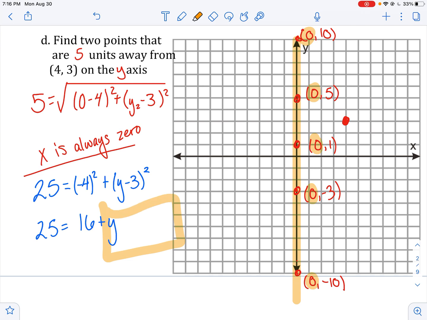When you do y minus 3 times y minus 3, you get y squared minus 6y plus 9. Or 25 equals, let me rewrite this in a different way, y squared minus 6y plus 25.